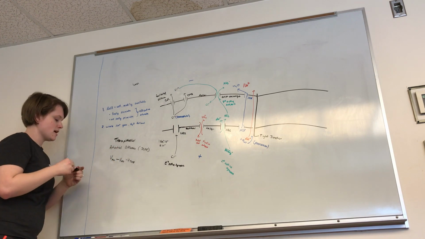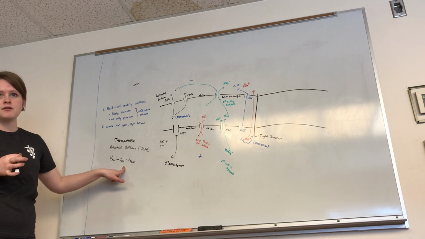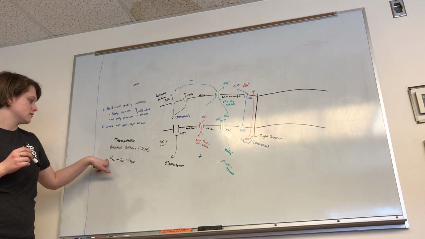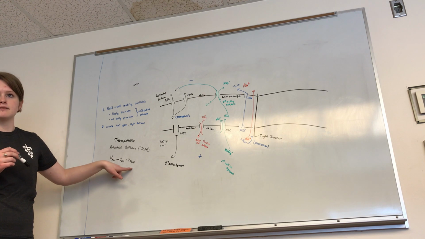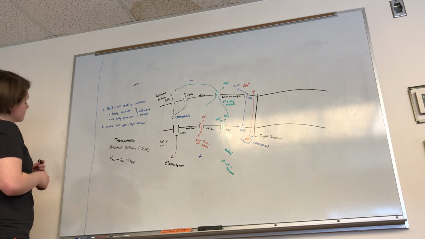So basolateral minus apical. So your positive minus a negative will give you, like this will be negative, this will be positive, but it won't be more positive, so it'll be a negative answer. Let me see what else.